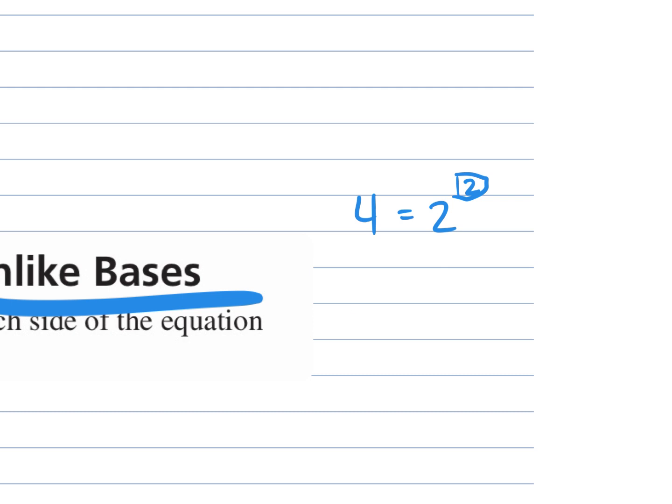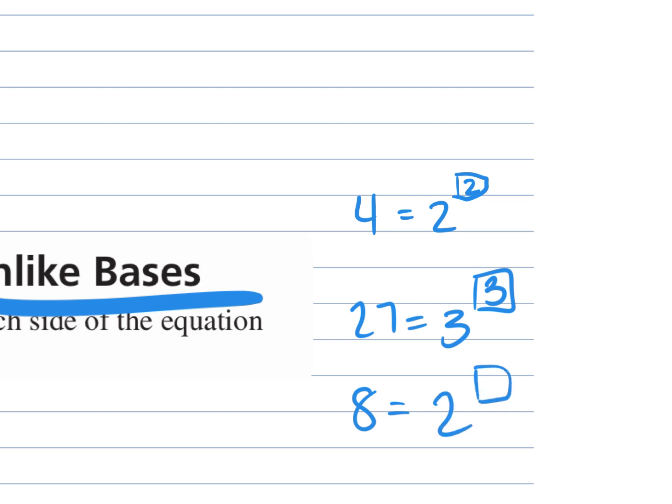Let's say we had 27 and we wanted to match it to 3 to some unknown power. What number would have to go in that box? 3. Why, Christian? 3 times 3 times 3 is 27. What if we had 8 and we wanted to match it to 2 to some unknown power?